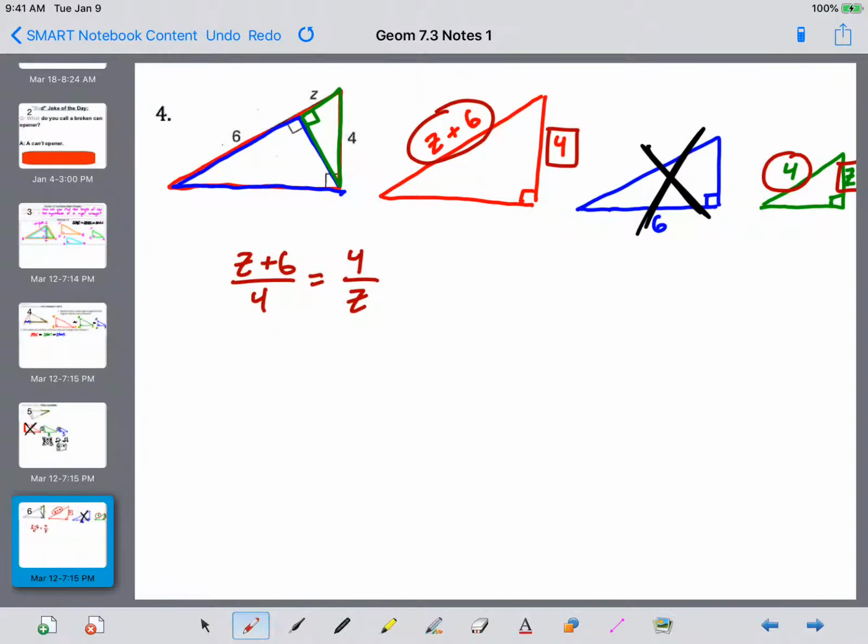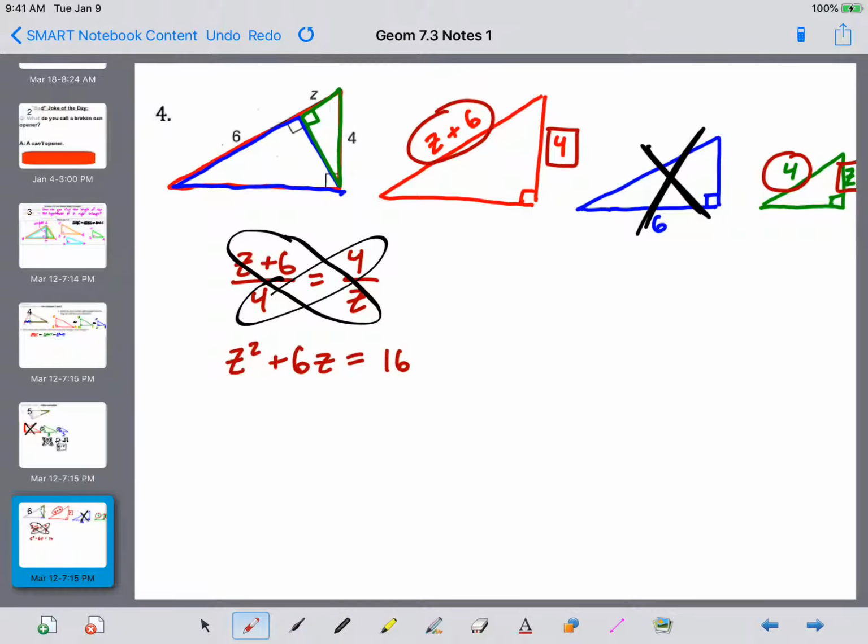We're going to throw in a little bit of factoring from Algebra 1, or possibly Algebra 2 if you're taking that right now. So when we cross multiply here, we're going to multiply Z and 6 both by Z. So Z times Z is going to give us Z squared. 6 times Z gives us 6Z, and that equals 4 times 4, which is 16.